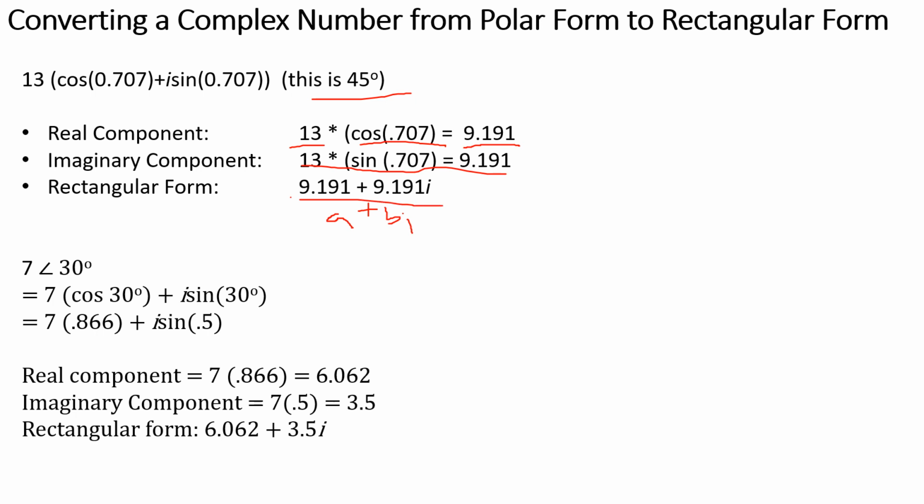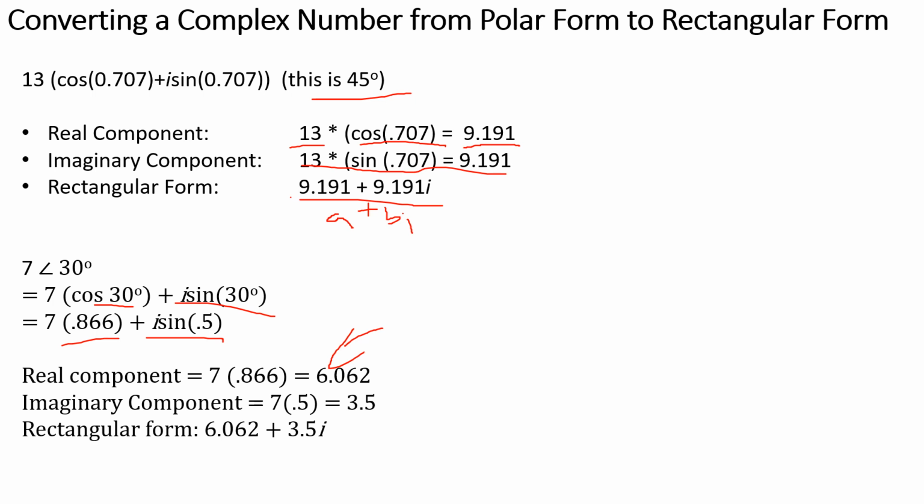And basically, what we're looking at, the radius is going to be 7, at the angle 30 degrees. Here's another one, 7 times cosine of 30 degrees plus i sine 30 degrees. Cosine of 30 degrees is 0.866. Sine of 30 degrees is 0.5. 7 times 0.866 is 6.062.